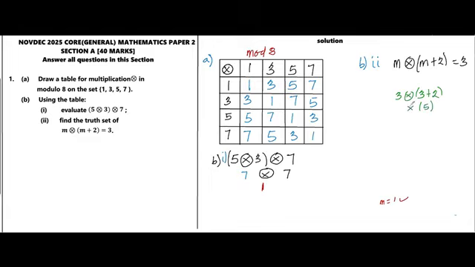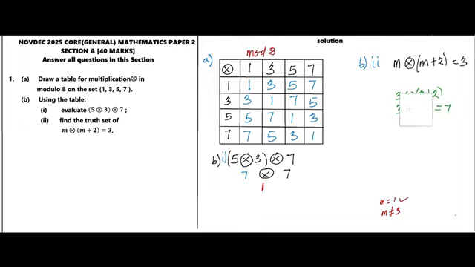From the table, 3 times 5 is 7. So when we substituted m, we are getting 7. So we could see that m cannot be equal to 3.